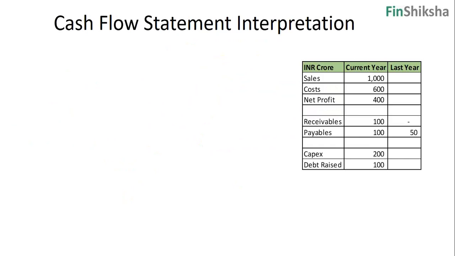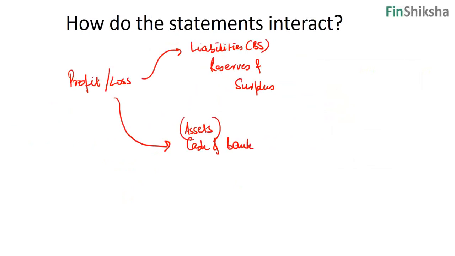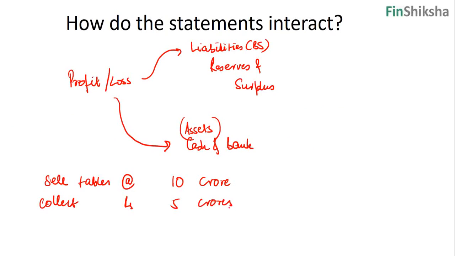Now, what is the purpose of the cash flow statement? It's quite possible that I, let's say, sell tables at a particular price, and I generate a revenue of, let's say, 10 crore out of selling tables, right? But I only collect rupees 5 crores.